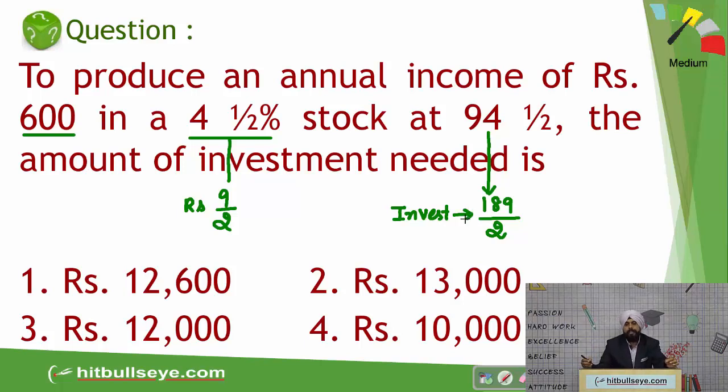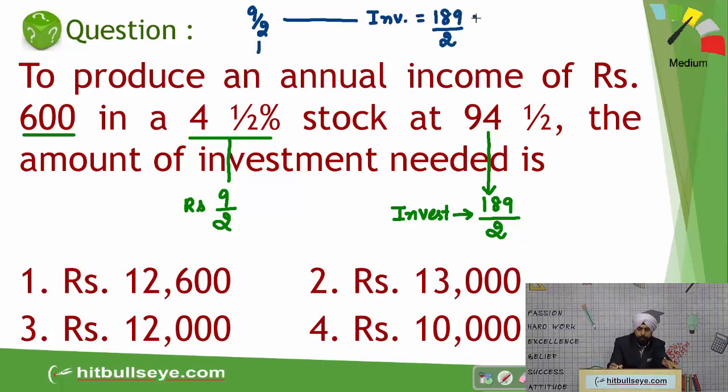Again students, the question is exactly the reverse of what we did earlier. So if we want an income of 9/2 rupees, then we need to invest how much? 189/2 for an income of 1 rupee, so into 2/9, and for an income of rupees 600, this will become into 600.